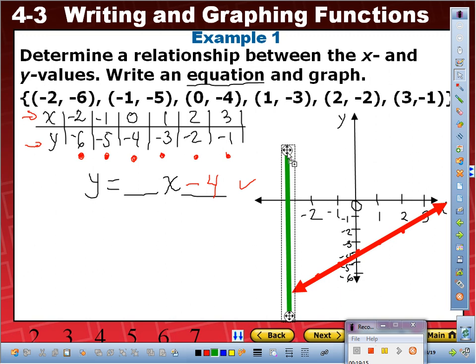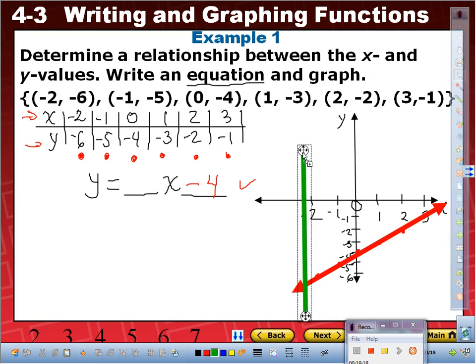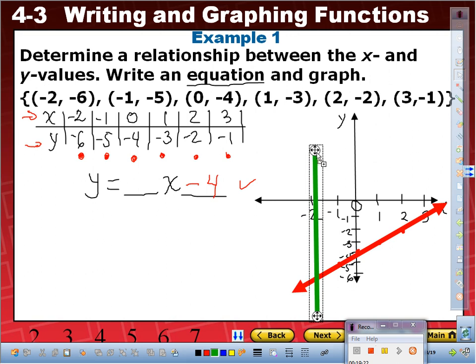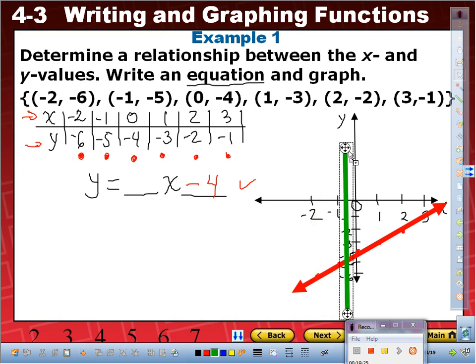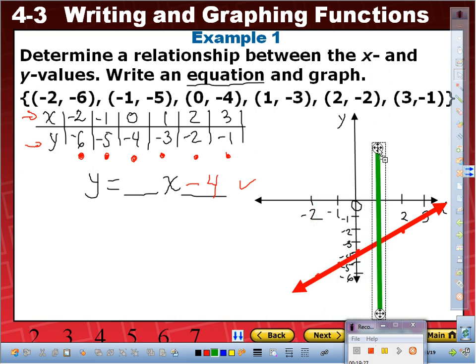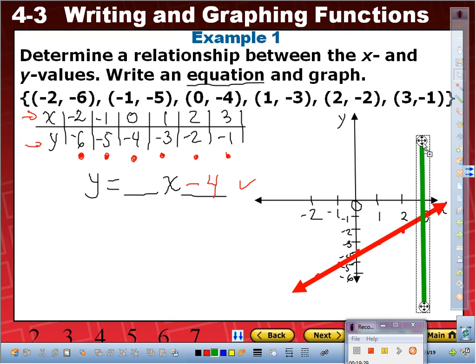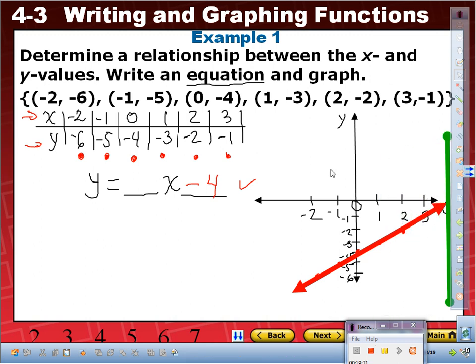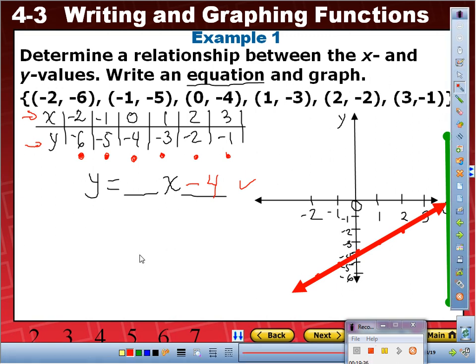Does it intercept it? Yes. But it only intercepts it at one point, doesn't it? At one point, all the way through. If it only intersects at 1 point, then it is a function. So you're going to write yes, function.